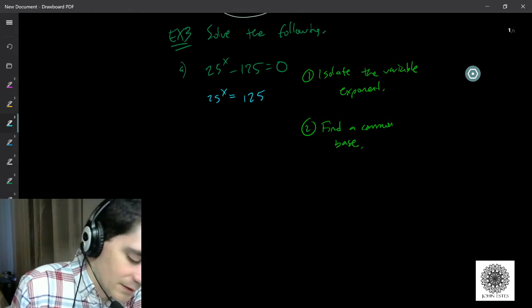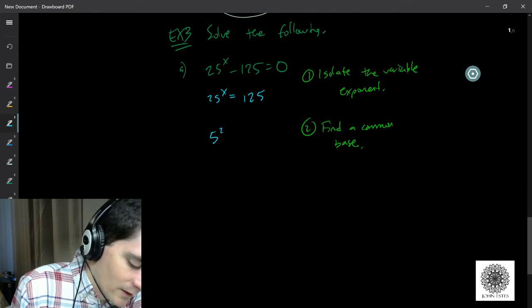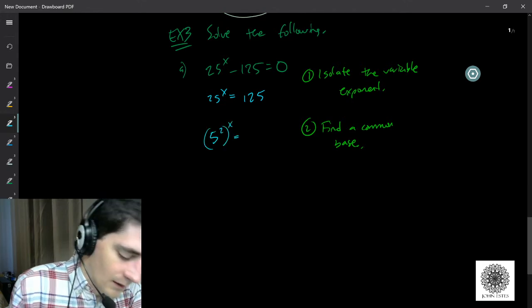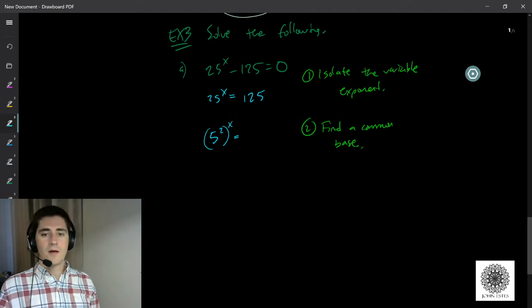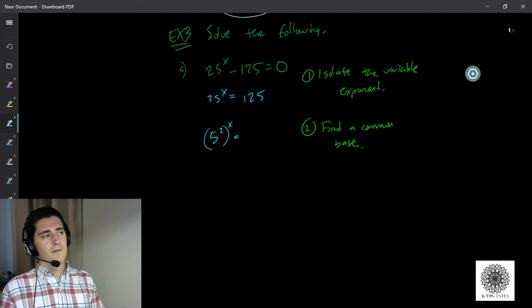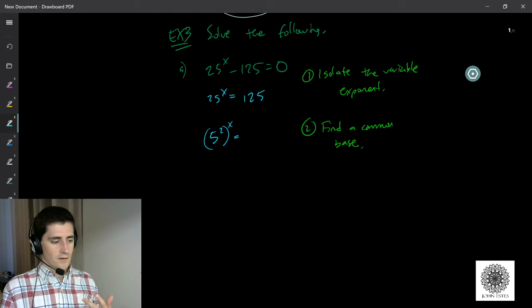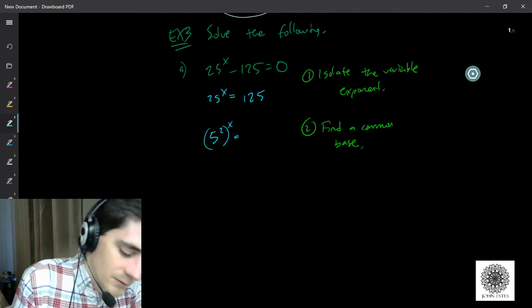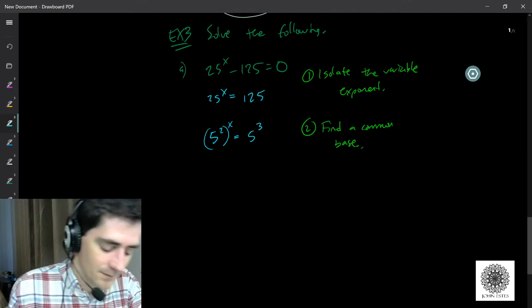So I can say that's 5 squared. So I have 5 squared to the x power. And 125, let's see. What's 5 times 5 is 25. Multiply that by 5, you get 125. 125 is the same thing as 5 cubed.